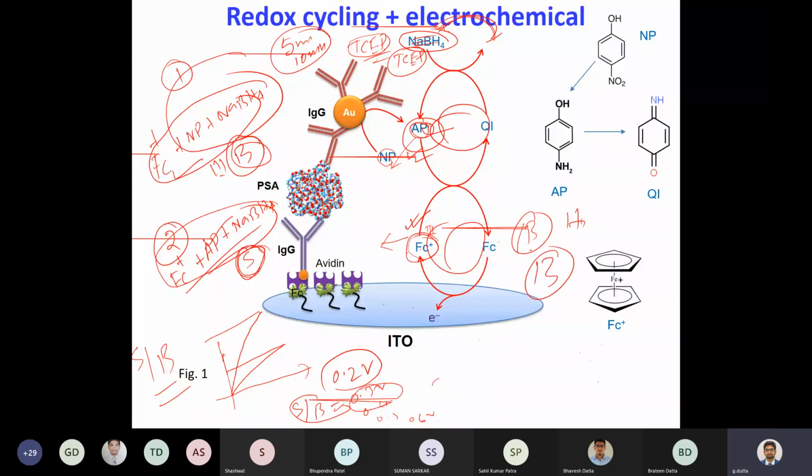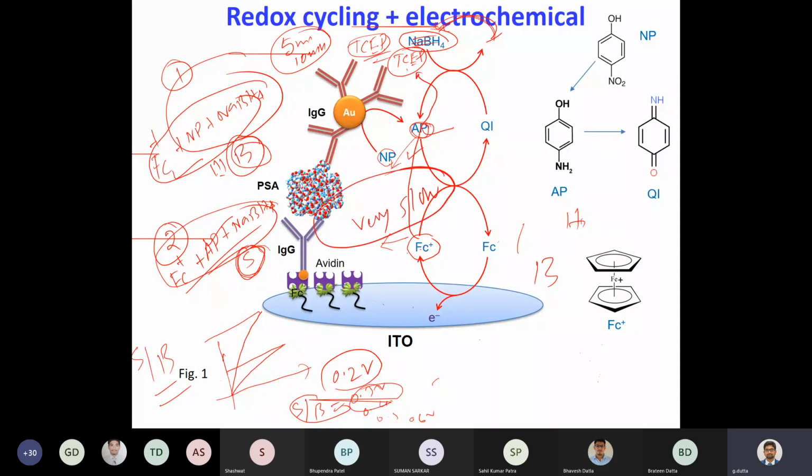Basically, your background will be very high. I know, because I already developed this sensor, that Fc plus and T-shape do not react very fast. They react, but very slowly. This reaction should be very slow, otherwise you will get a side reaction and a high background.